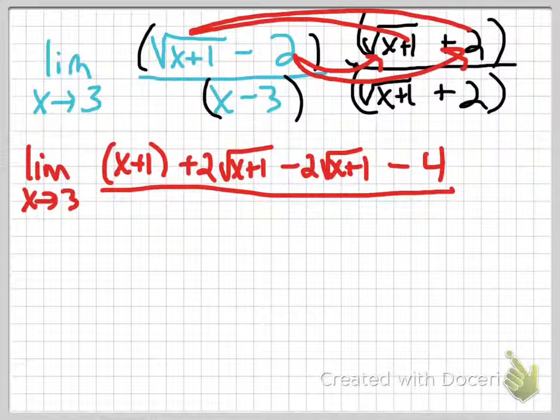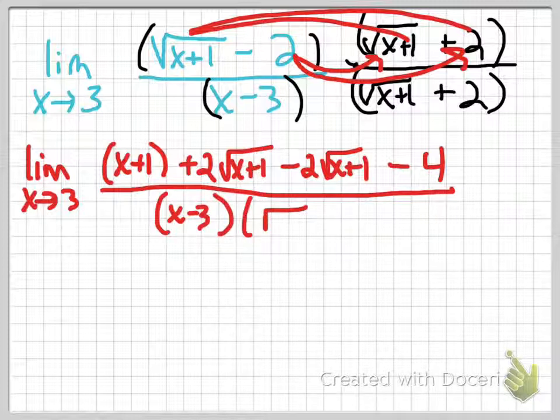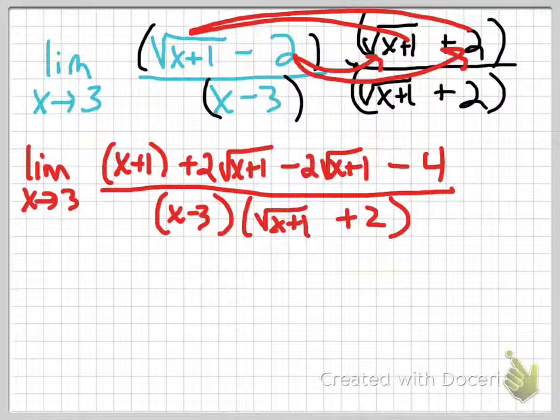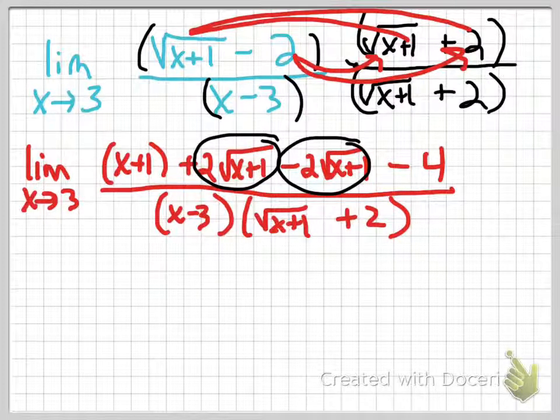Now I could do the same process on the bottom. I could FOIL it out, but I'm not going to. I'm just going to leave it as x minus 3 for the time being times radical x plus 1 plus 2. And it's pretty messy, but if you notice, the positive 2 and the negative 2 up here are going to cancel.